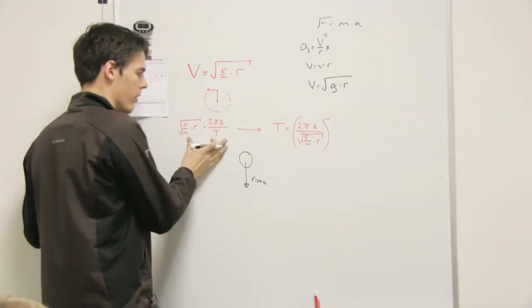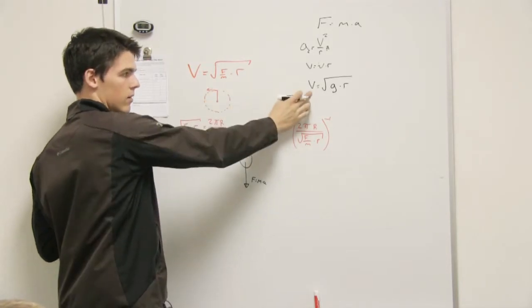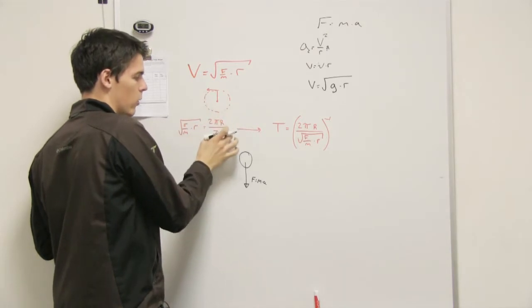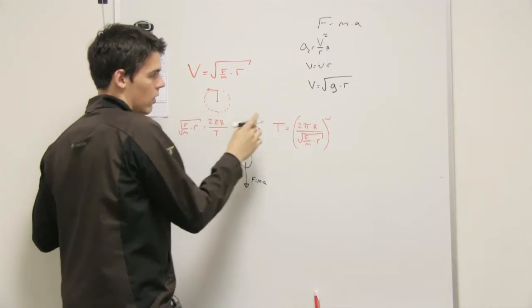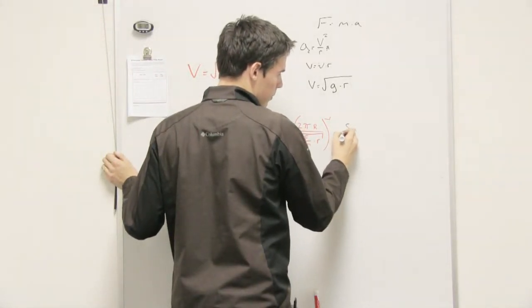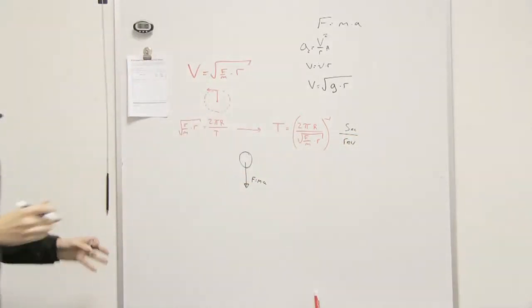Oh yeah, so from here, this is your velocity, because that's v, so velocity is equal to x over t. And that gave me seconds per revolution. Okay, I was one step off.